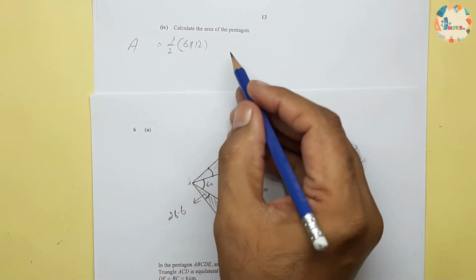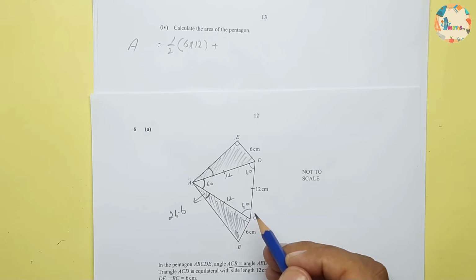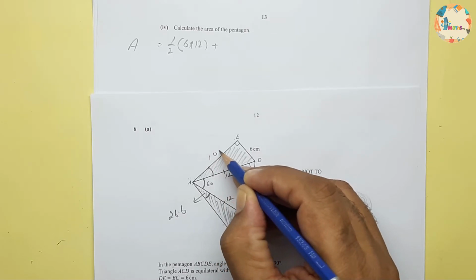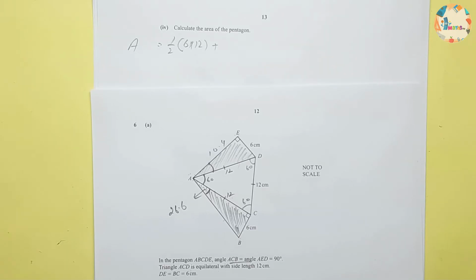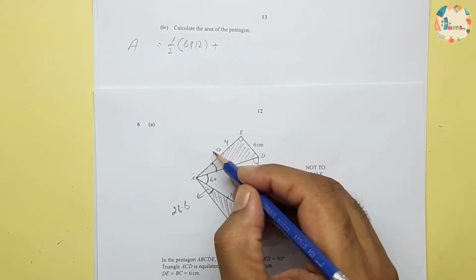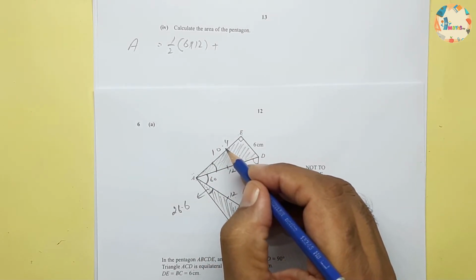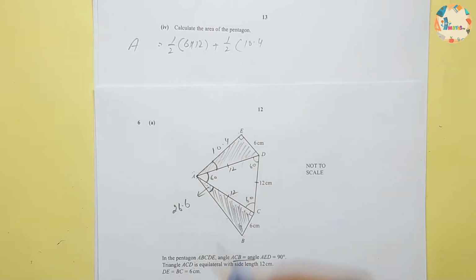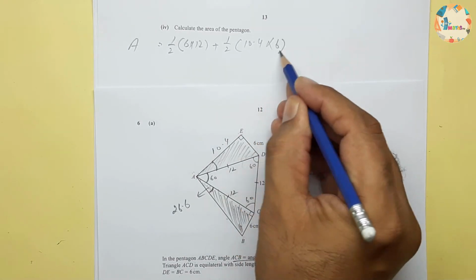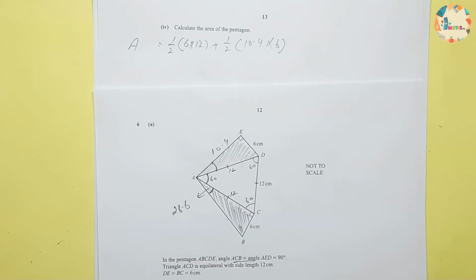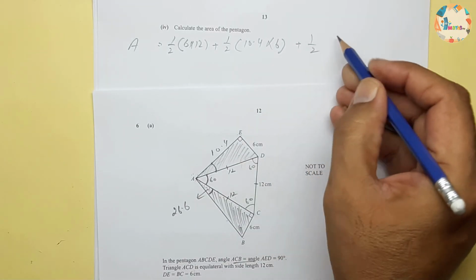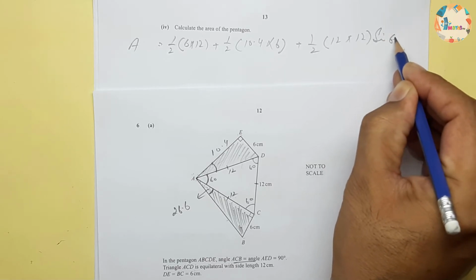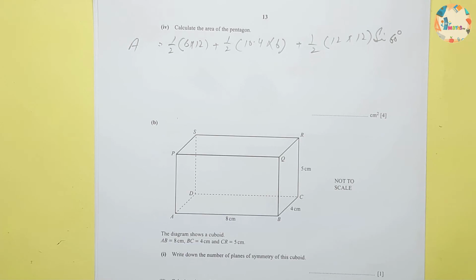And for this one, we have AE, 10.4, which we calculated just now, so we'll take it as 1 by 2 into 10.4 multiplied by 6, and then we will be taking the third triangle, 1 by 2 into a into b into sine of the angle, which is 60 degree, and we will solve this to get the area.